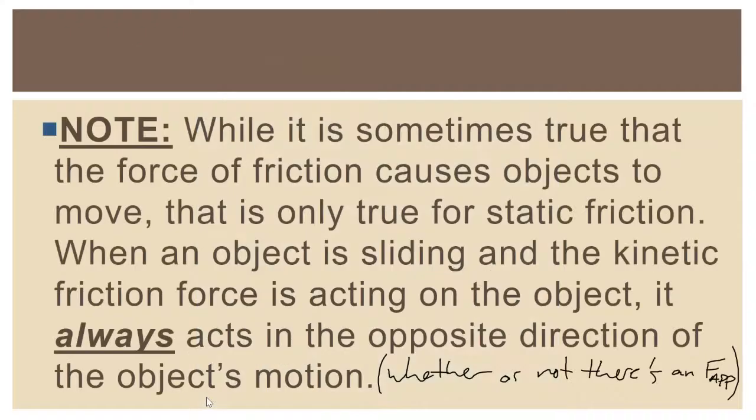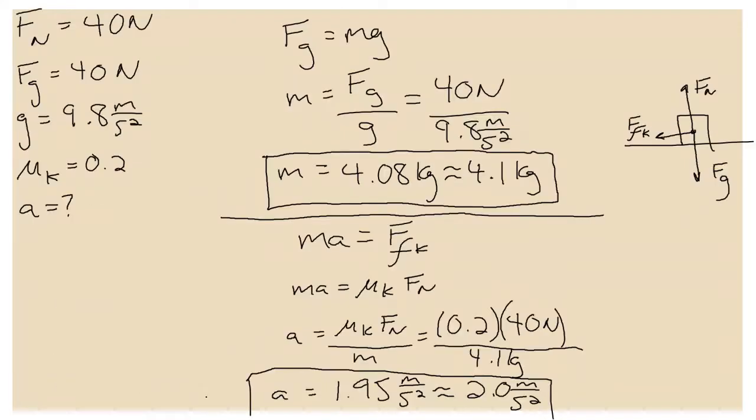That's another little tip or trick, because remember, you have 100 seconds to answer these multiple choice questions. You can quickly in your head or in your calculator do 0.2 times 40. That's the friction force, 8 newtons, and then divide that by the mass. What's the mass? It's just going to be 40 over 10, which is 4. And of course, 8 over 4 is 2. That's the point here.